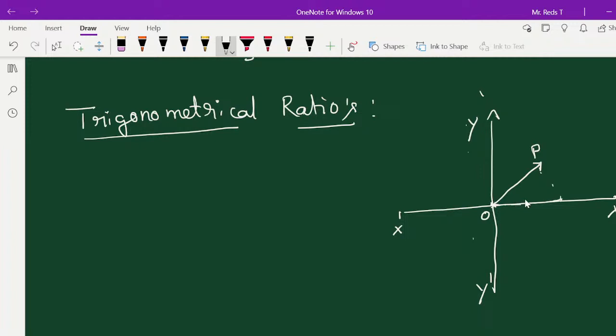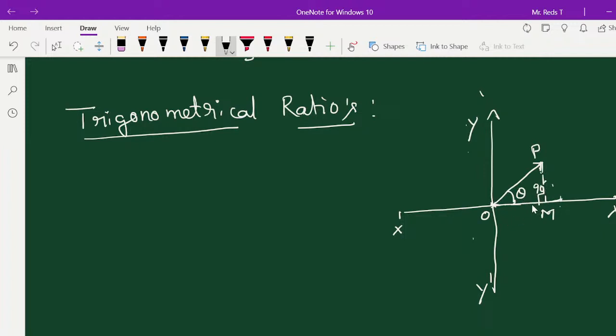Now when the line is rotated from the x-axis to somewhere in this space, which we call a quadrant, at a particular position, at an arbitrary time, the angle made by this with the x-axis is theta. If you draw a perpendicular from P on the x-axis and mark this as M, then the angle between this and the x-axis will be 90 degrees, obviously.